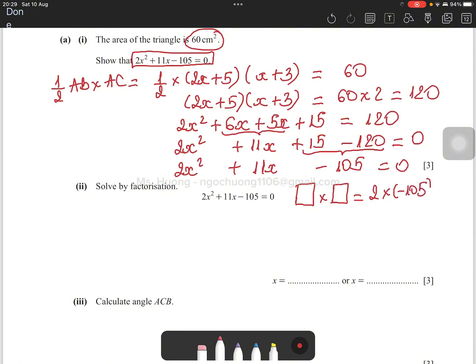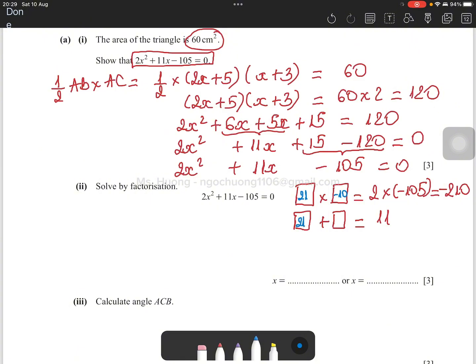The product of these two is negative 210, and those two numbers must add up to the middle coefficient, which is 11. So which two numbers can satisfy this? They are 21 and negative 10, because 21 multiplied by negative 10 is negative 210.